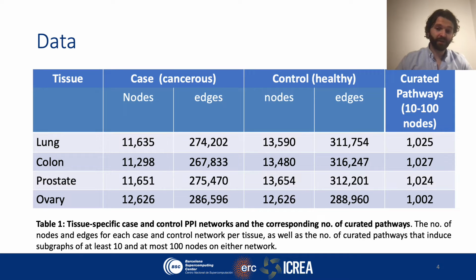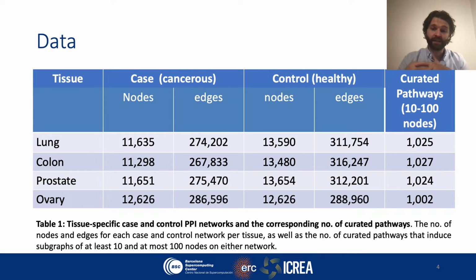As you can see, for each of our 4 cancers, we collect a case and a control network. So to do this, we take the protein-protein interaction data from BioGrid and the gene expression data from Protein Atlas for these 4 types of cancer and their corresponding control tissue. Then for each of these networks, we take the subgraph that is induced by their expressed genes.